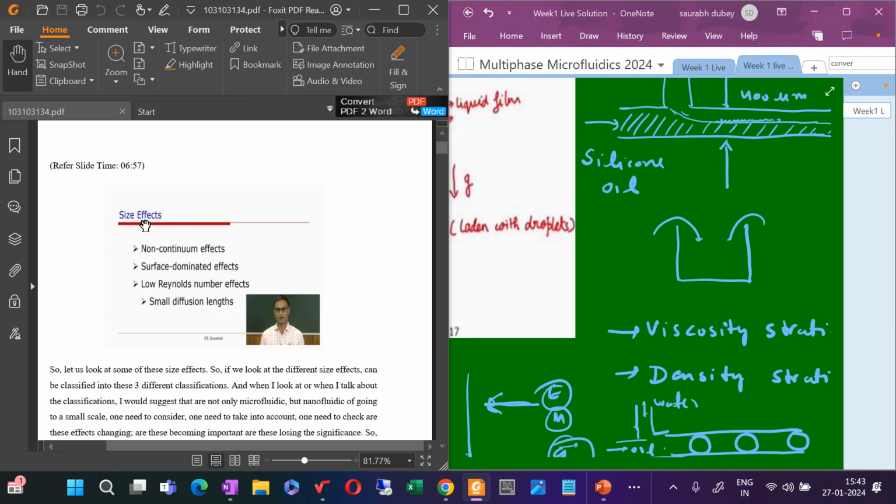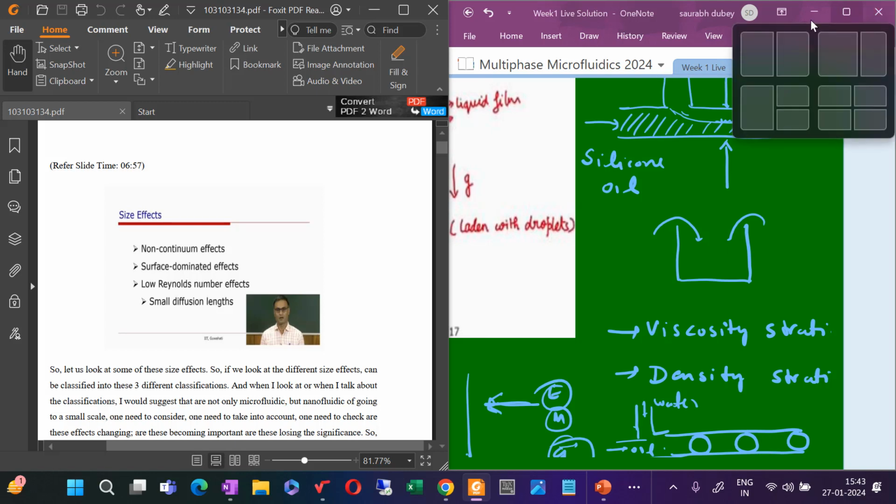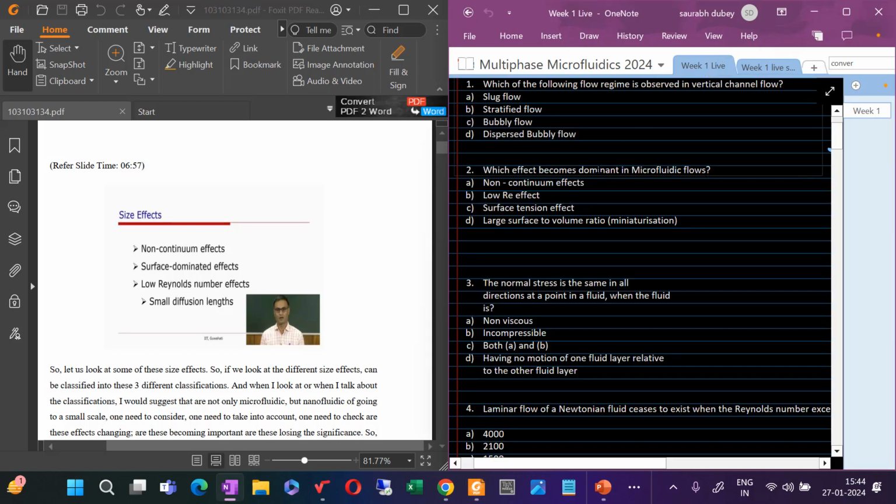These non-continuum effects are also controlled by the size. Why? Because in this particular length scale channel, if the length scale is small, this diffusion does not come into the picture. So if you see the question that we were solving, the effect becomes dominant in microflows.